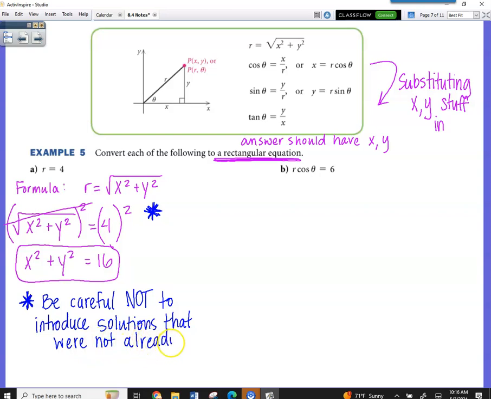I'll explain it in a second, just write it. Okay, so be careful not to introduce solutions that were not already present when you square both sides. Write it and then I'll explain what it means.